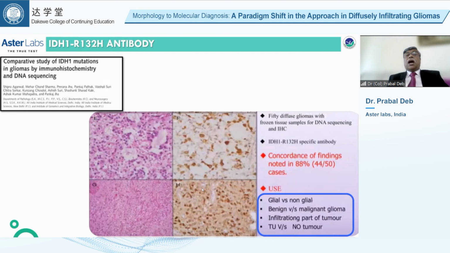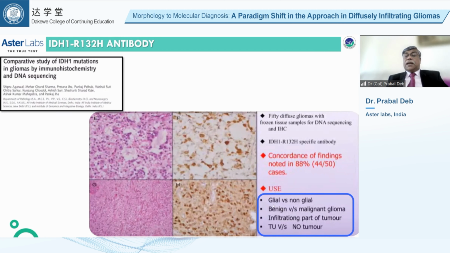This is what a staining of R132H clone antibody looks like. It is very important in any brain biopsy. Why is it so? Because you can identify whether there's a tumor at all or not, especially if there is a stereotactic biopsy or a small biopsy. It might be very challenging to comment on that.